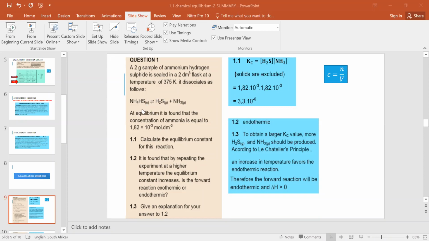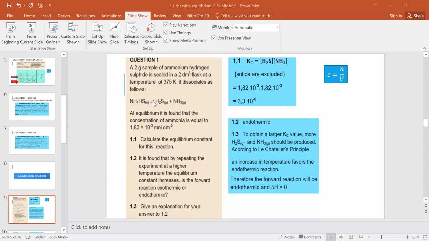And how much H2S is produced will give us the number of moles of H2S at equilibrium, because the initial amount is 0. So how do I know how many moles of H2S and NH3 are produced? By using mole ratio, and their mole ratio is 1:1.